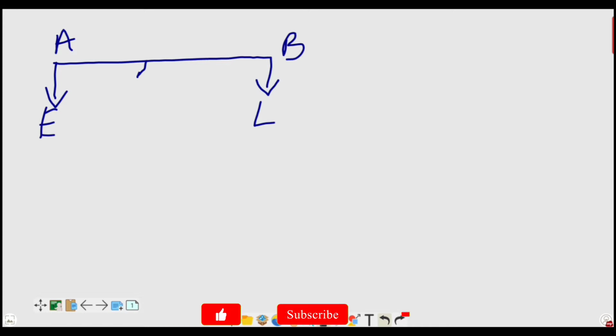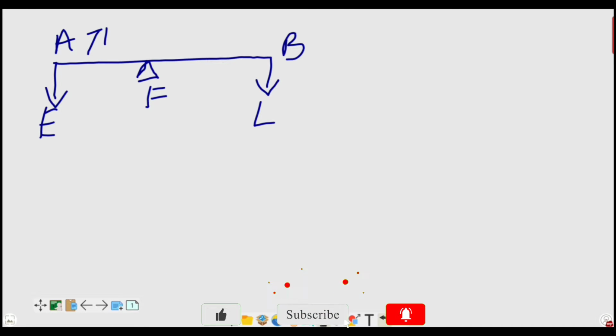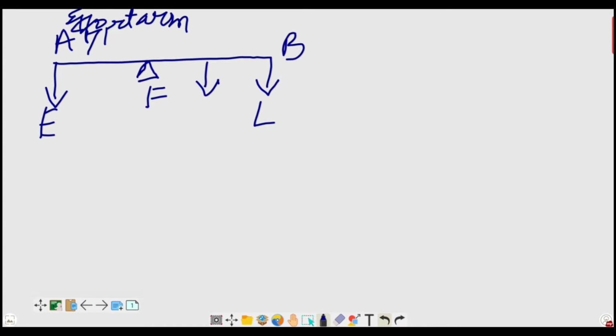Now students, again I am drawing this rod A, B. Here again I am taking effort and this side load. As earlier I discussed, suppose this is my fulcrum, then this part indicates effort arm and this part indicates load arm.